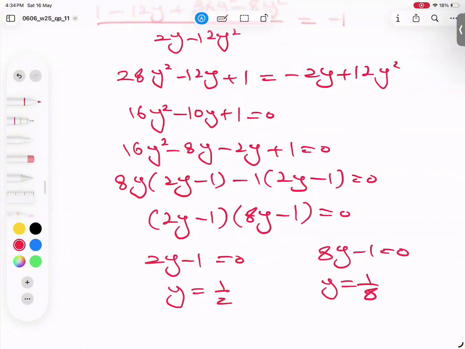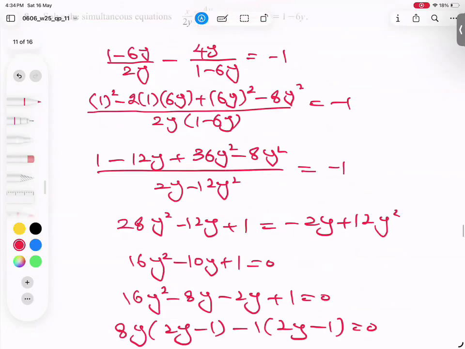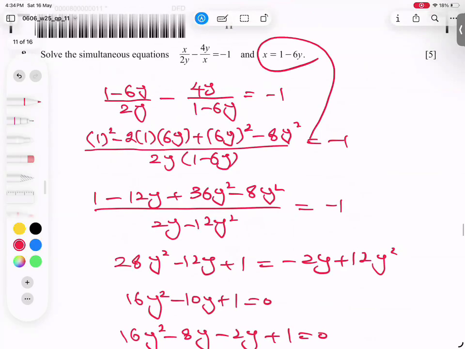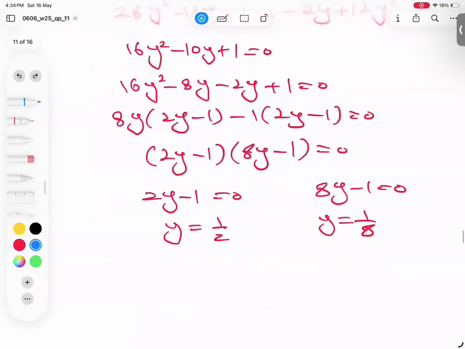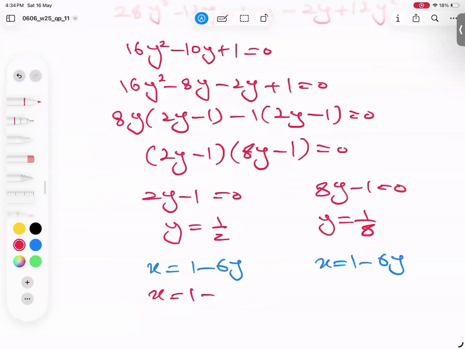So after this, students, what is the planning? What to do? This is clear. And now plug it back in the equation here. So x is equal to 1 minus 6y. So when I replace here 1 minus 6 times 1 over 2, I got 3, I got negative 2. Same here, 1 minus 6 times 1 over 8.